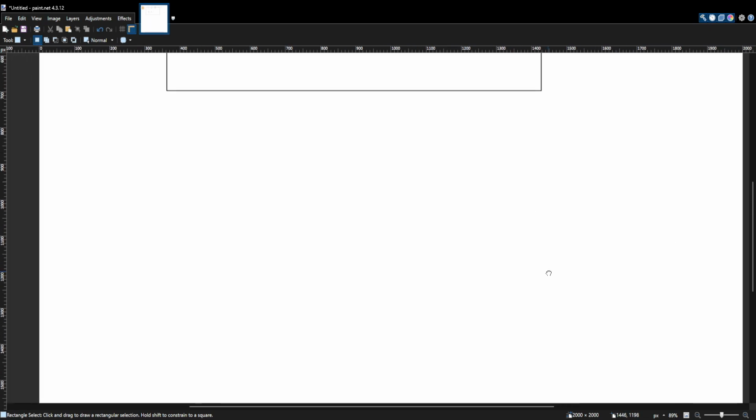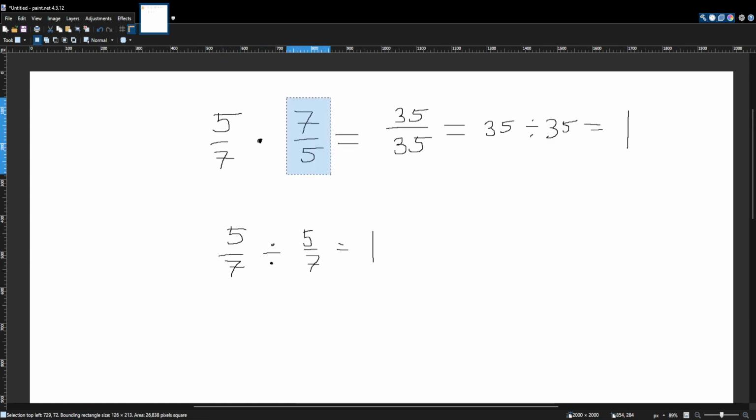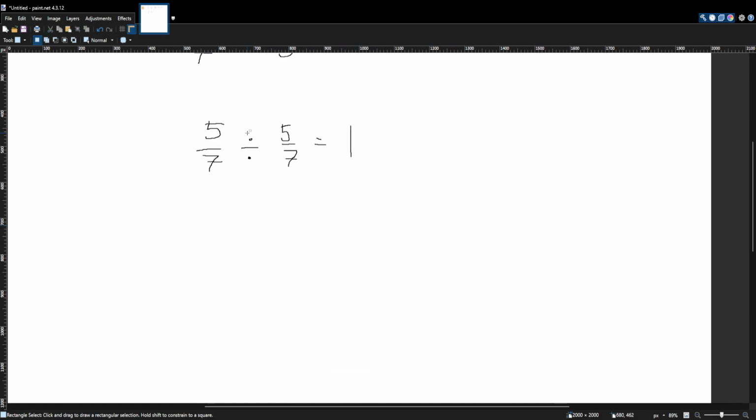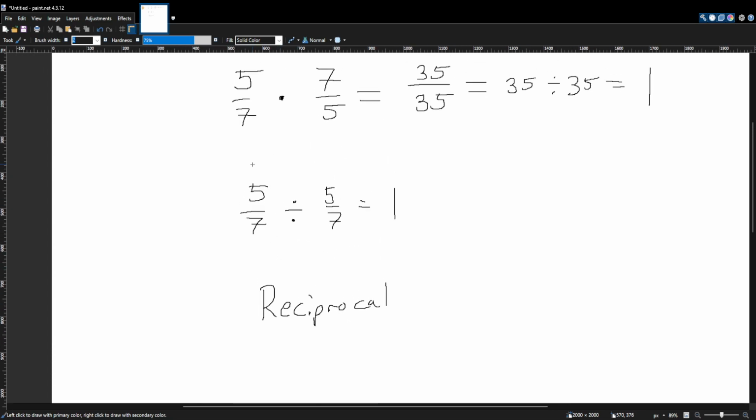Now, if you want a vocabulary term here for this idea of flipping a fraction over, this is called a reciprocal. These are reciprocal numbers. You flip a fraction over and you find its reciprocal. Now, when we're dividing fractions, note that the first number stays the same.